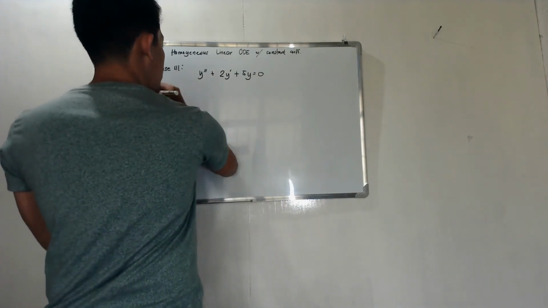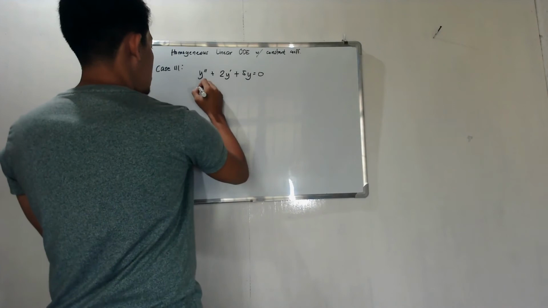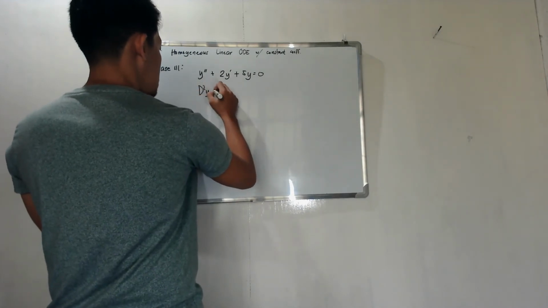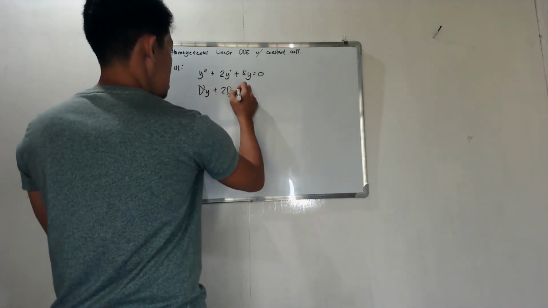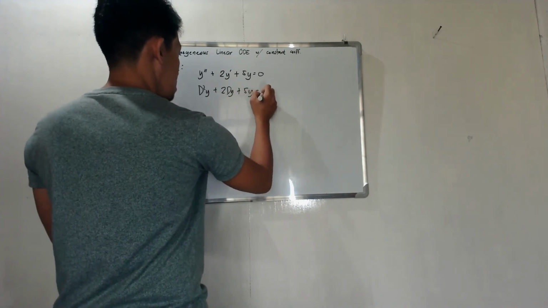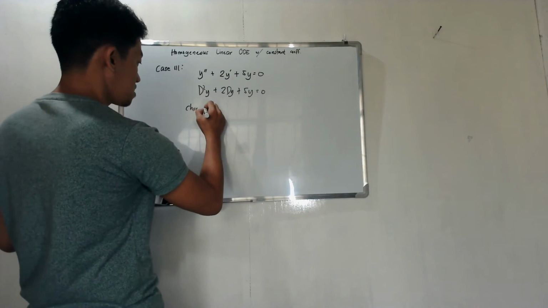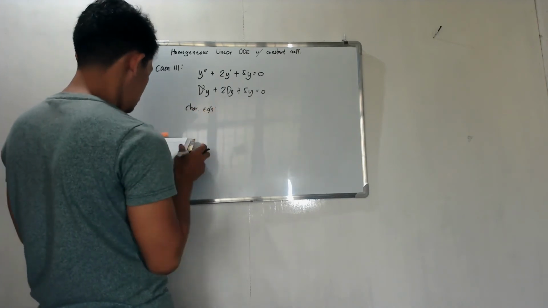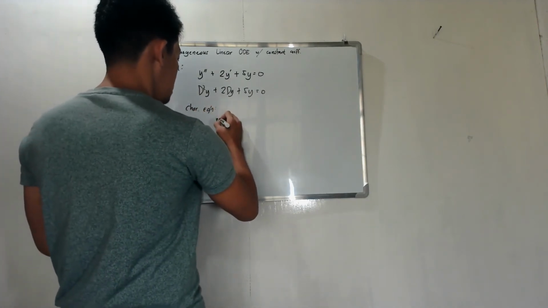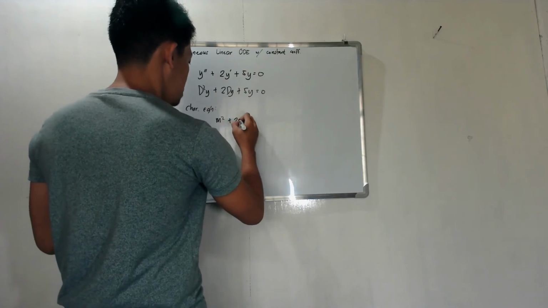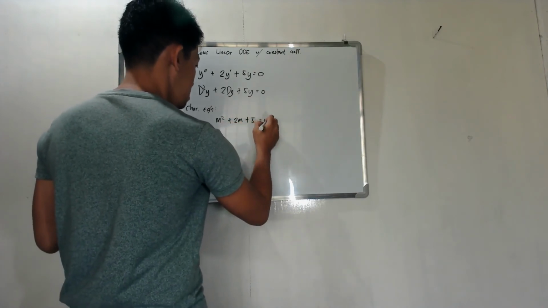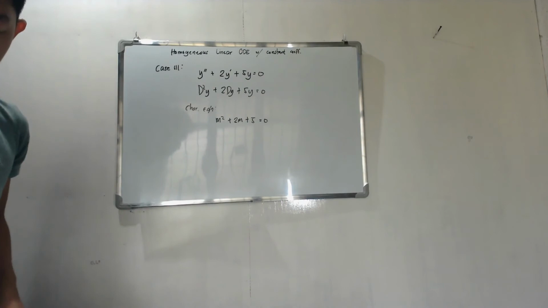So, what happened here? Change this one to operator notation. Okay, your characteristic equation will be m squared.